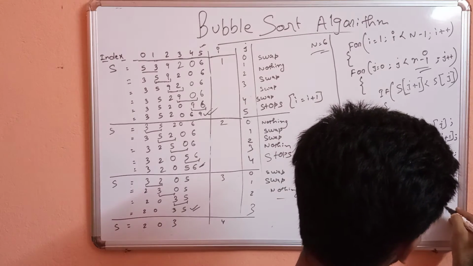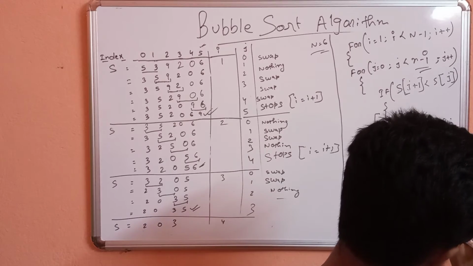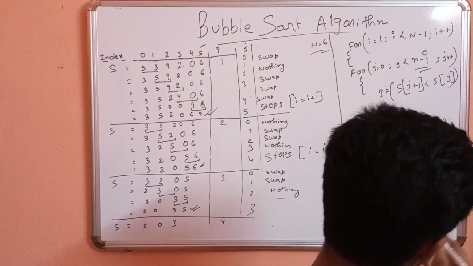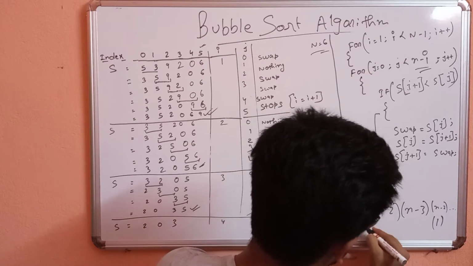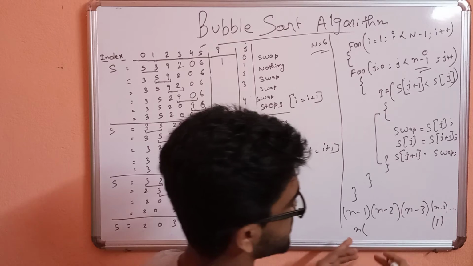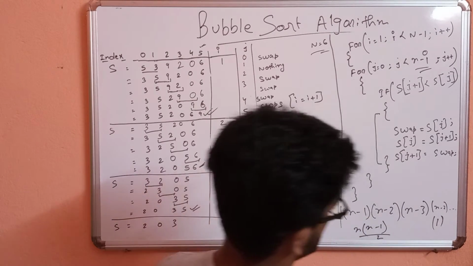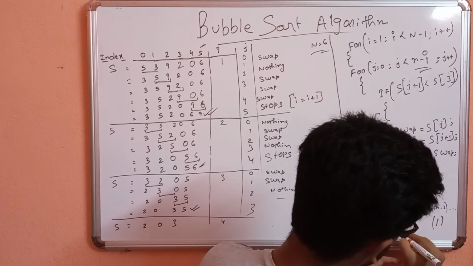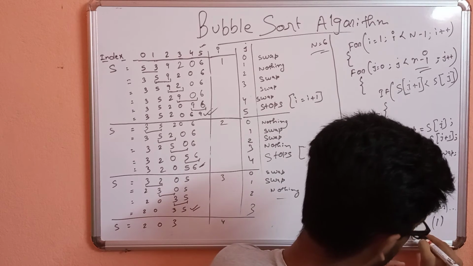This will go on till 1. So using the formula for arithmetic progression, n into n minus 1 by 2, this will give us big O of n square by 2 minus n by 2.